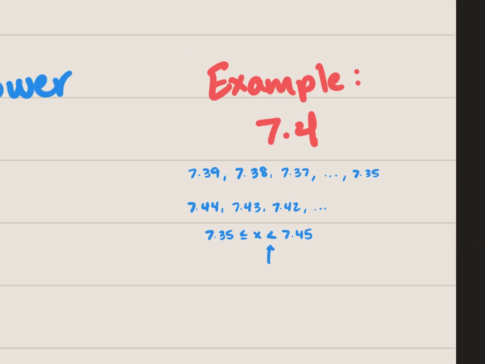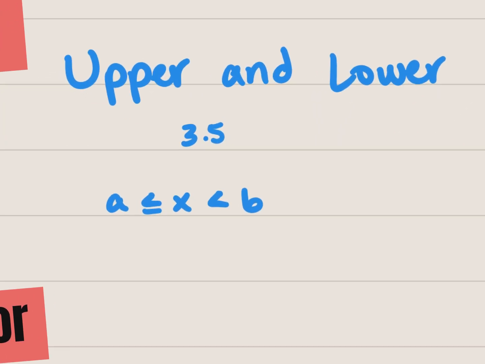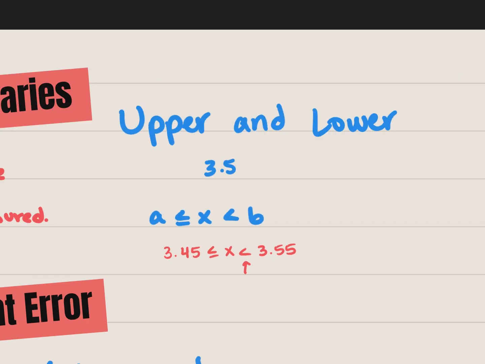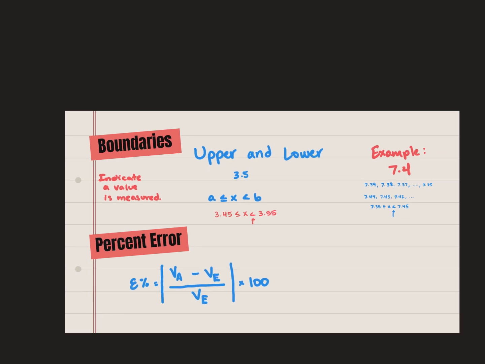If we come back over to the 3.5 example, my boundaries in this case would be 3.45, which would round up to 3.5, less than or equal to x, less than, and then I would go up to 3.55, knowing that I only put a strictly less than sign there. Those would be my upper and lower boundaries for the possible measurements.